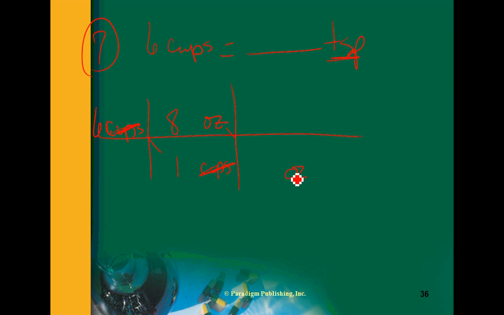And then we know, of course, we're trying to get to teaspoons, so if you wanted to go from ounces to tablespoons, you could do that, or you could go from ounces to milliliters, and then from milliliters to teaspoons. Okay, so that's why I was saying there's different ways you can do it. But I'm just going to go up the chart. So you have 1 ounce equals 2 tablespoons.